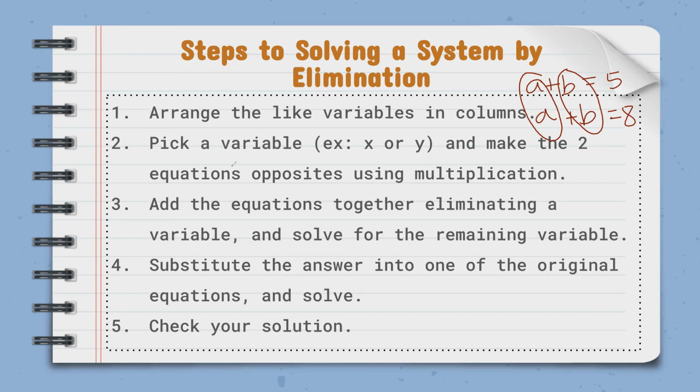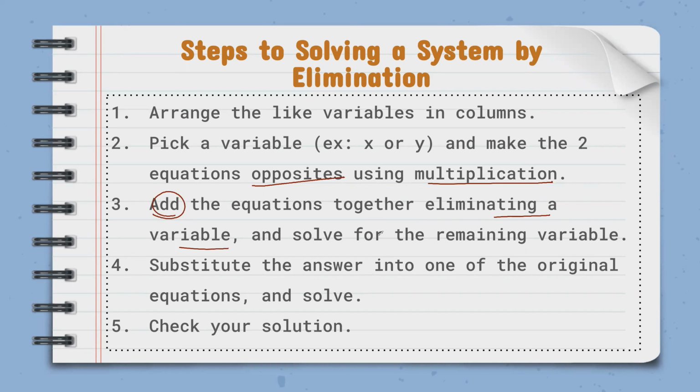Second step is to pick a variable such as x or y and make the two equations opposites using multiplication. Third, you're going to want to add the equations together, eliminating a variable, and then you want to solve for the remaining variable.